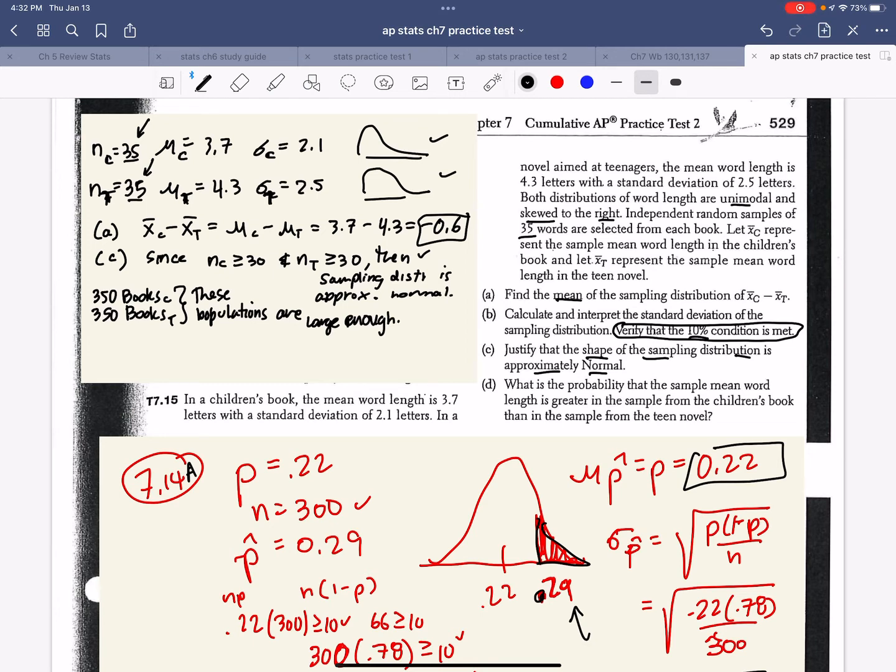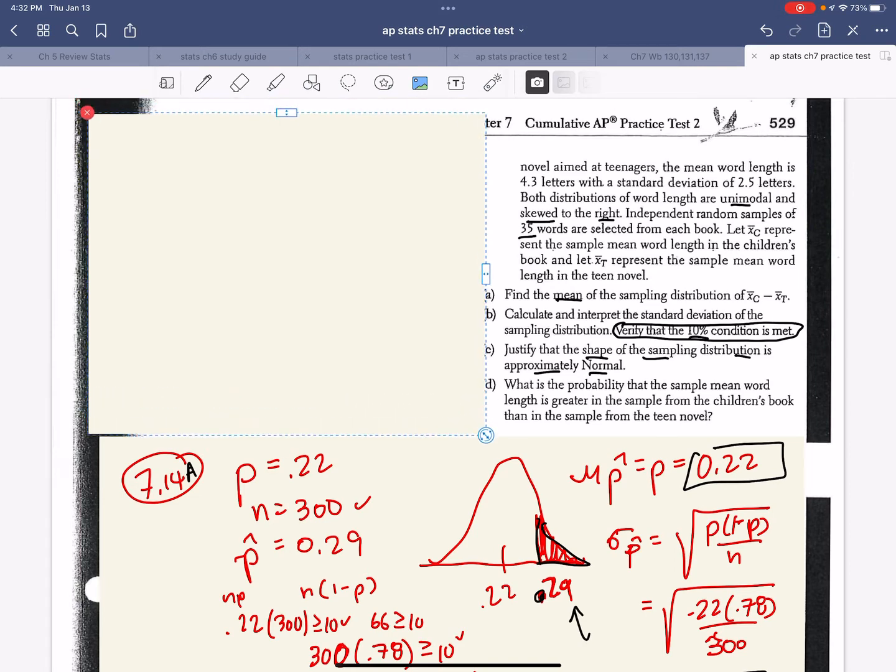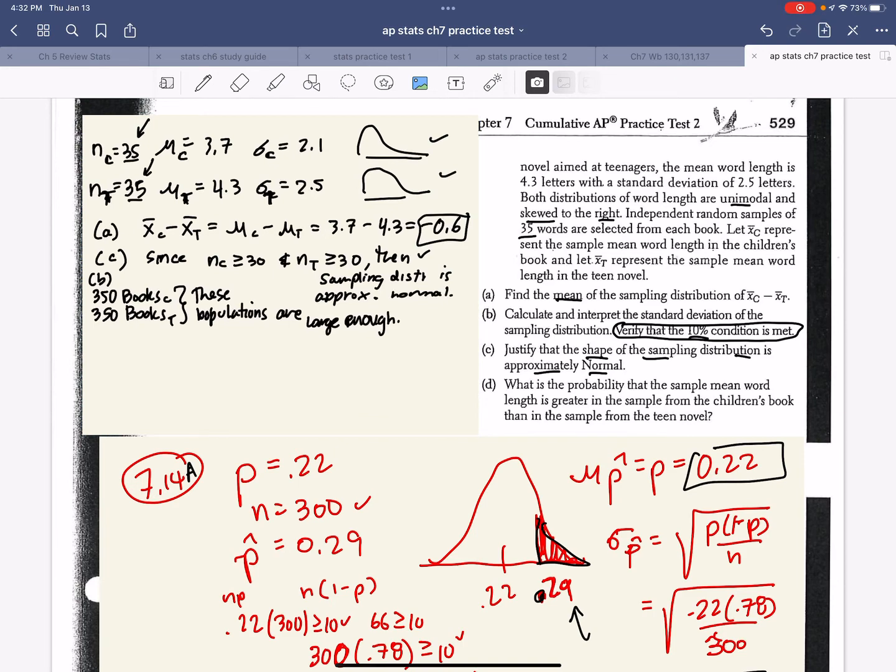Okay, all right, so we did that. Now, calculate and interpret the standard deviation. Well, I have two here, right? So the standard deviation of this looks like I'd subtract, but I'm not going to.